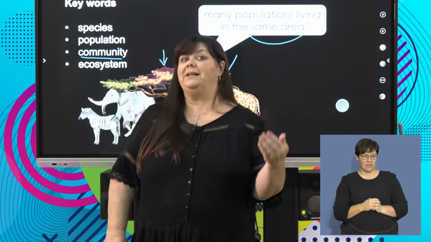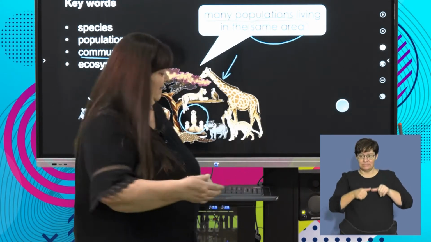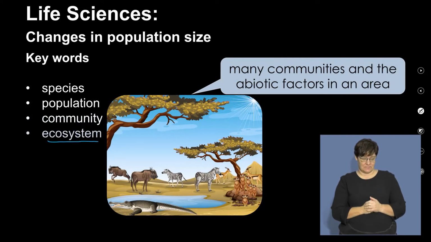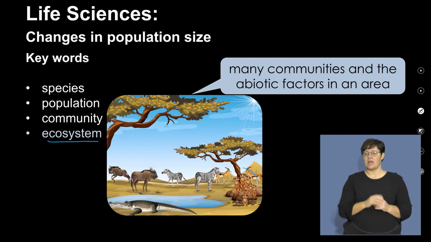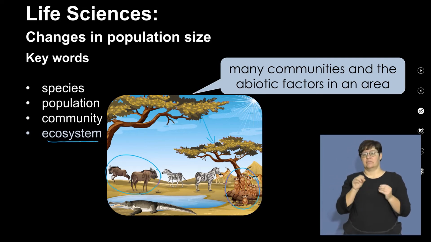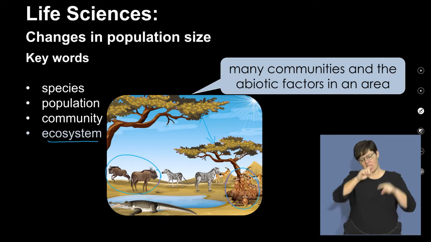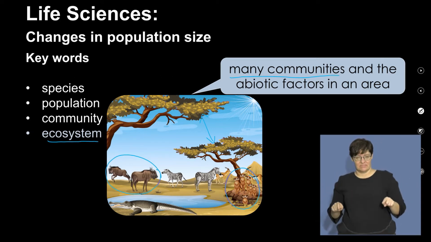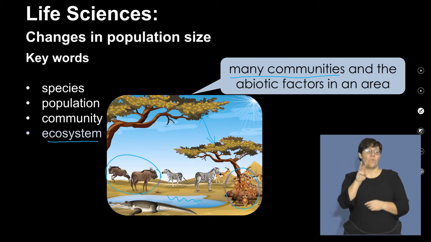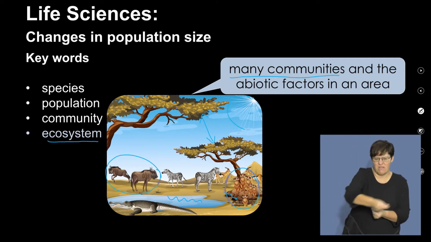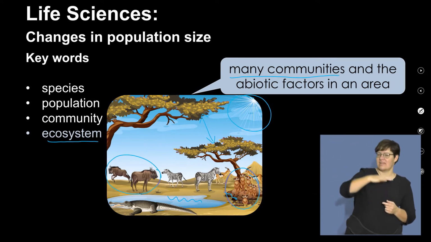But we need to go one step further. So what is that? That is talking about an ecosystem. Now you can see here's our population of meerkats. Here's a population of wildebeest. Here we've got a population of acacia trees. So we've got many different communities, but we're adding in the water. We're adding in the stones. We're looking at the fact that there's sunlight, there's soil.